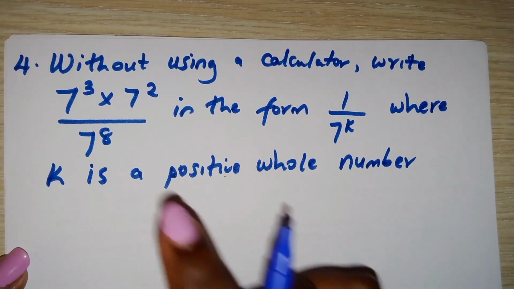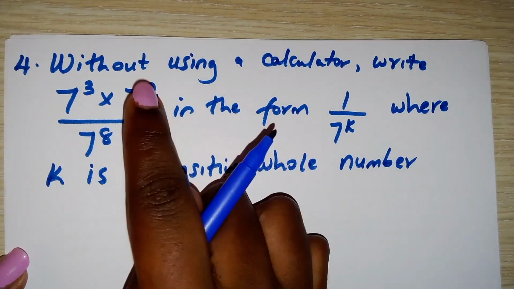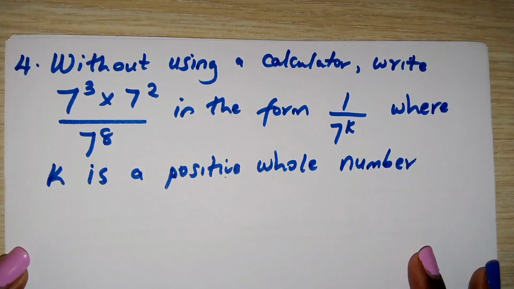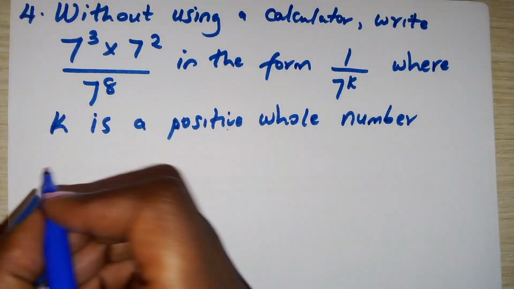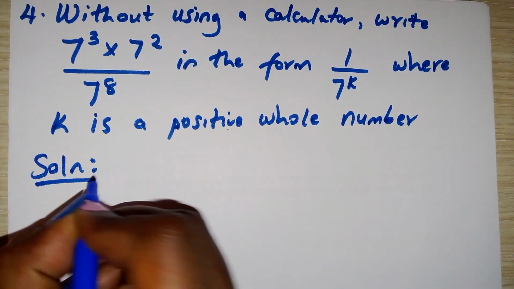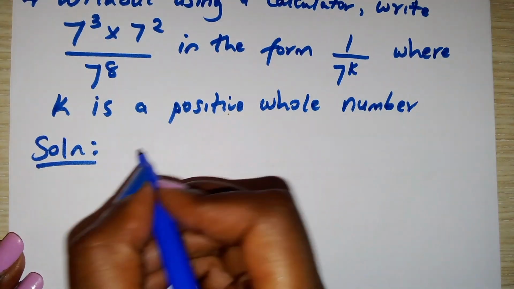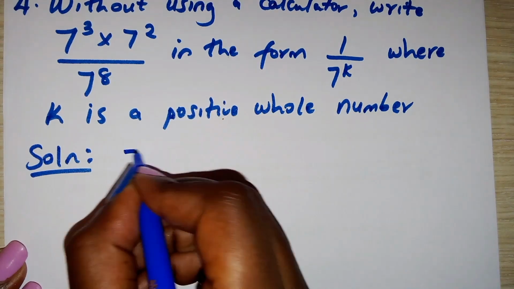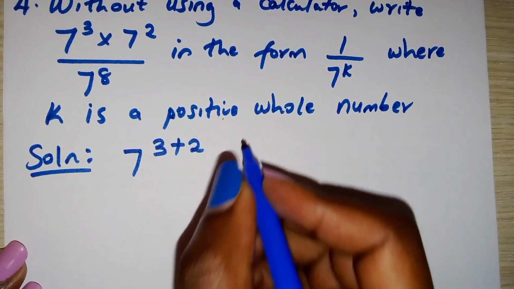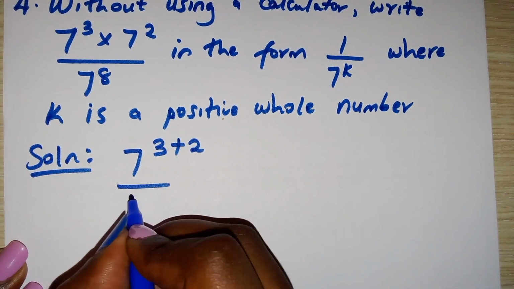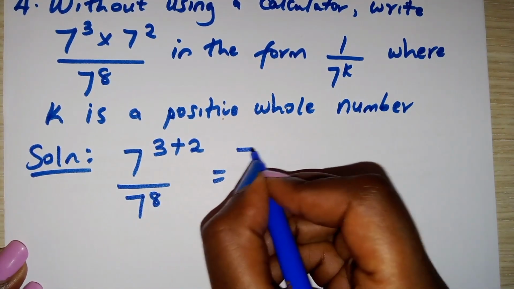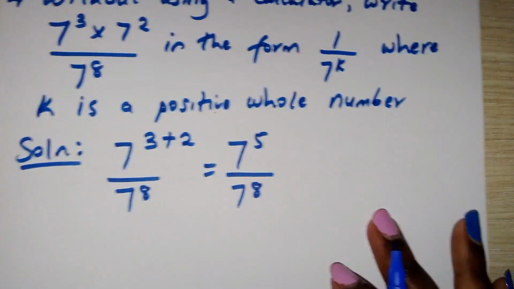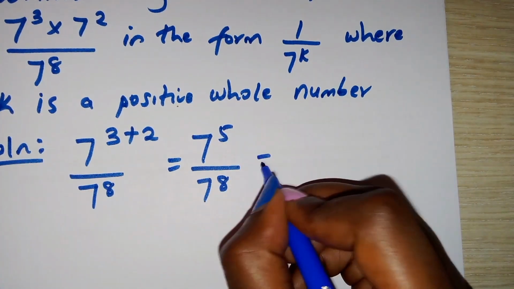Number 4. Without using a calculator, write this in the form (1/7)^k, where k is a positive whole number. So this is the solution. When it's a times, we apply addition. So it's going to be 7 to the power 3 plus 2, and the denominator is still 8. This one is 7^5 over 7^8. When it's a division, you minus the powers.